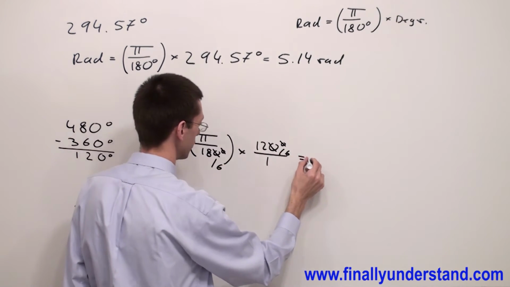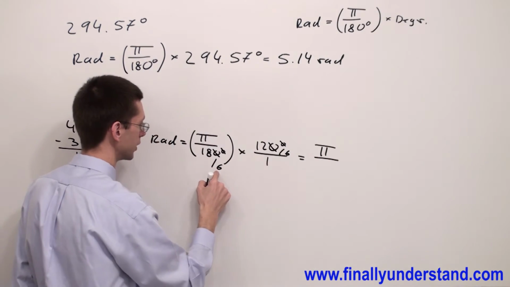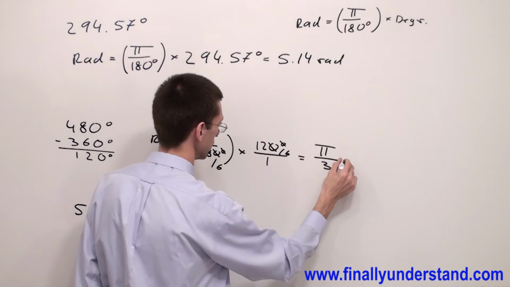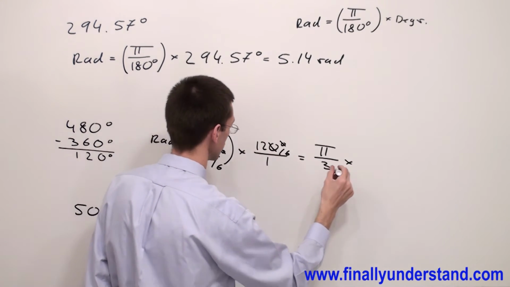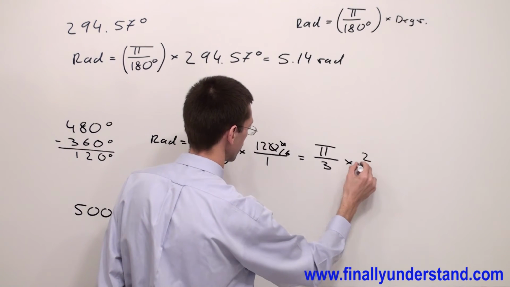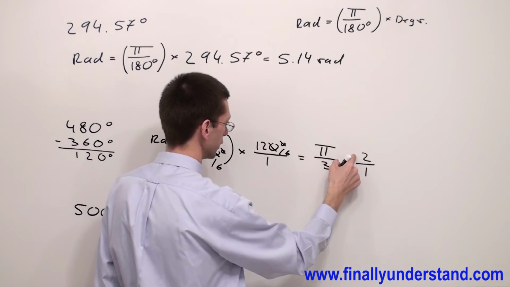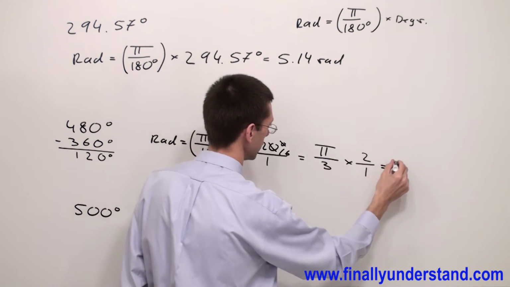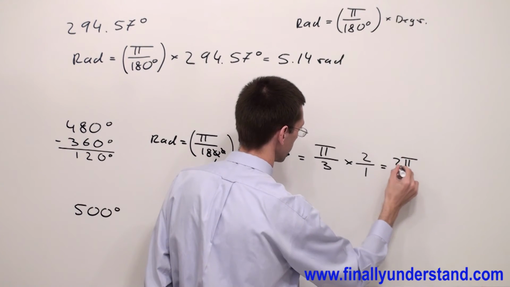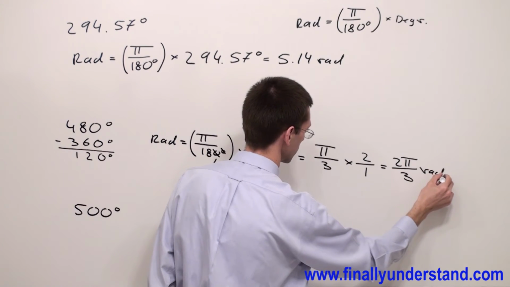That's why I'm going to have pi over 18 divided by 6, which is 3, times 12 divided by 6, which is 2, over 1. Multiply numerator by numerator, denominator by denominator. 2 times pi is 2 pi over 3 radians.